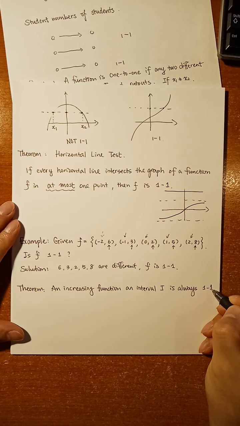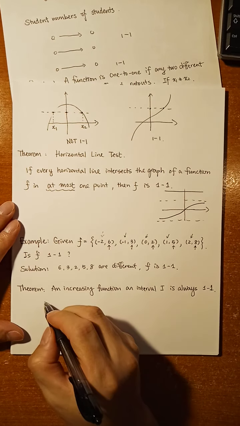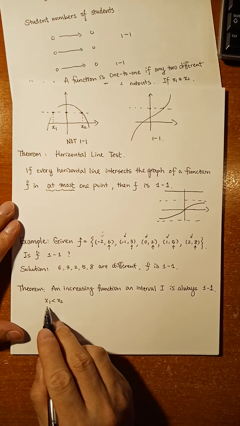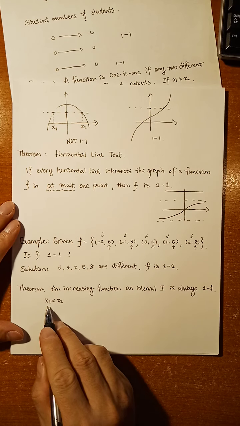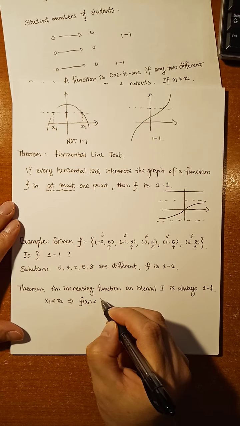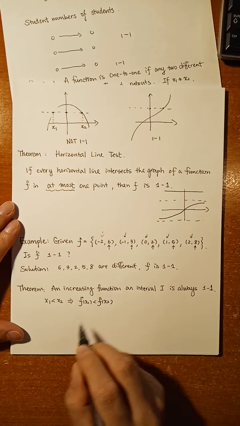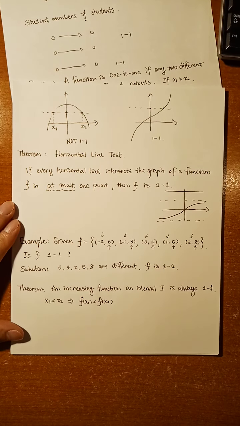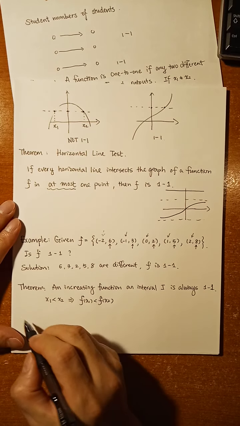When we say increasing, what is increasing? Increasing means x1 less than x2, a relation about the input, will imply f(x1) less than f(x2). Those two inequalities have the same direction. Then this is increasing.